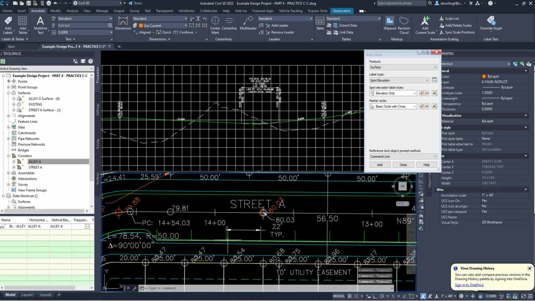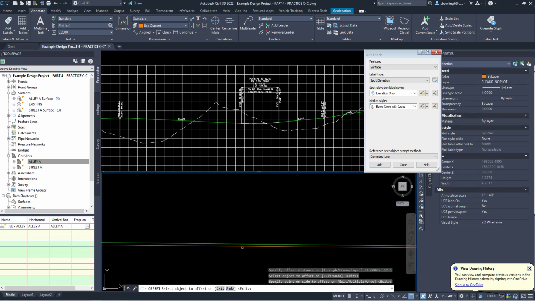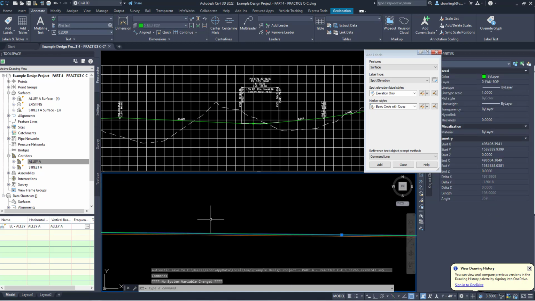So I must have a bad line in here. I'm going to draw a polyline. Here. Offset 17.5, which is an 11-foot lane and a 6.5. So I just have a bad line in here.